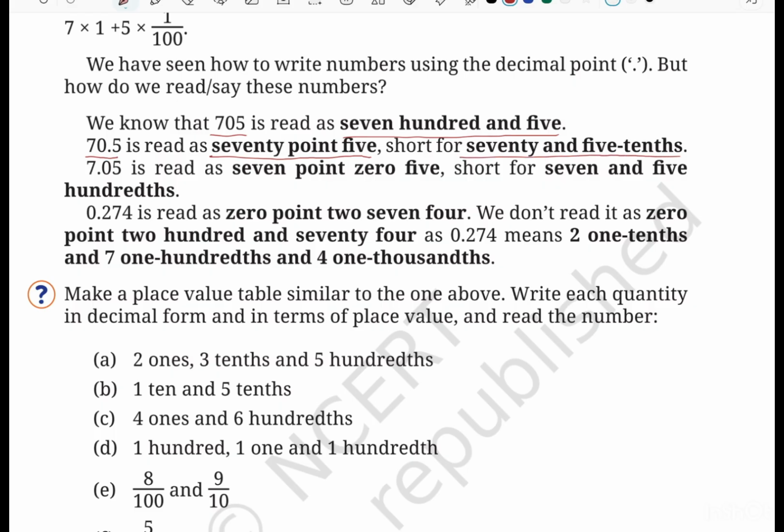Here we can see 7 and 5 hundredths, so it can be read as 7.05. It is the short form of 7 and 5 hundredths.